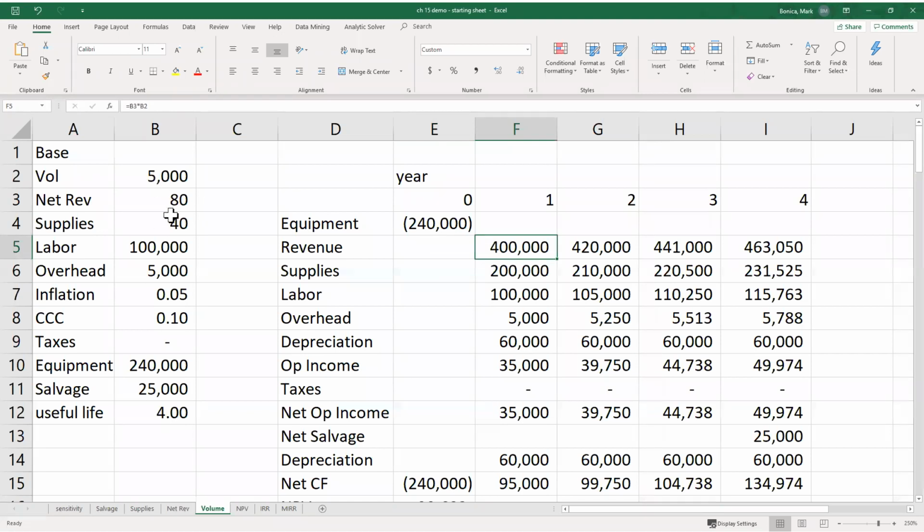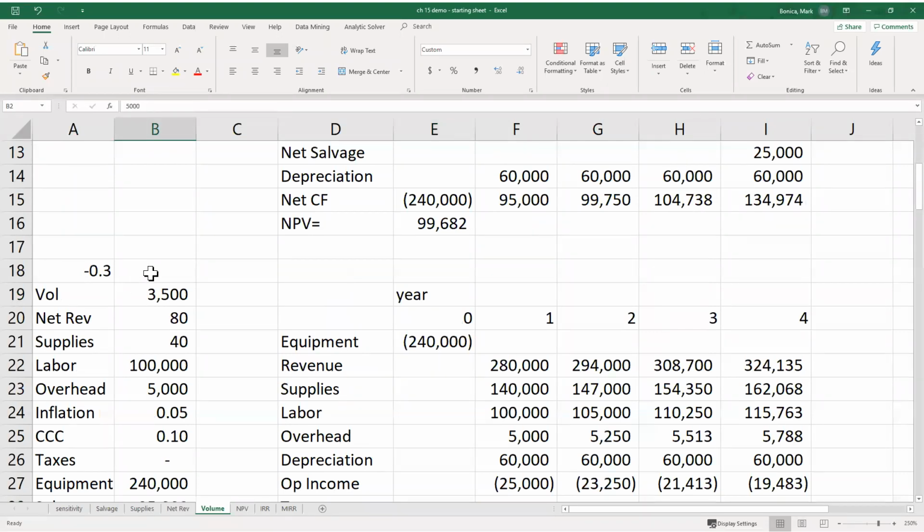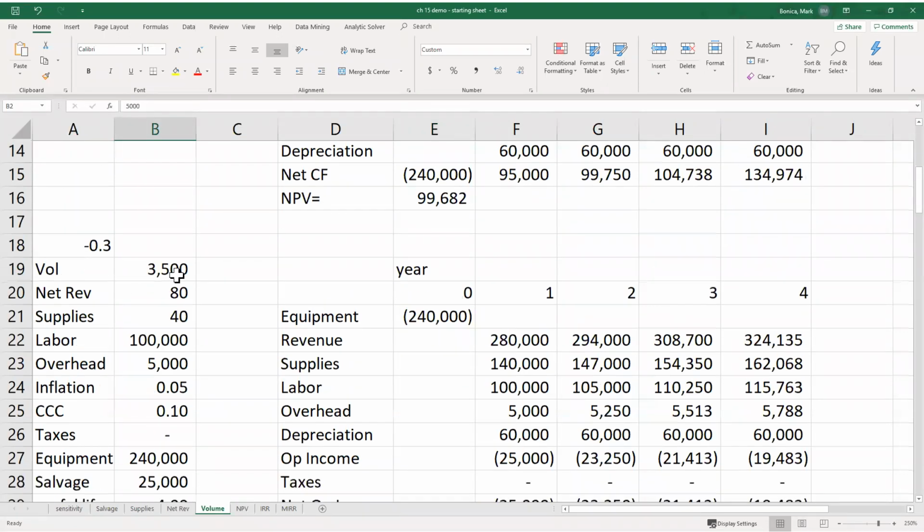So these are like all our variables over here. Well, not all of them are variables, but we could say volume would be a key variable. So on this sheet, we asked, what if we vary the volume? What if we assume that volume is off by 30%?